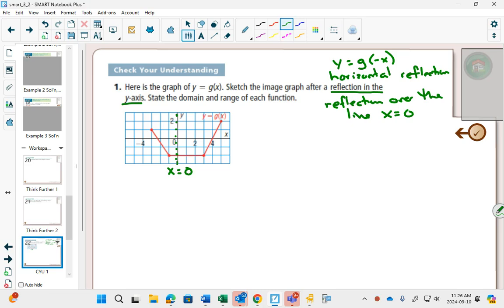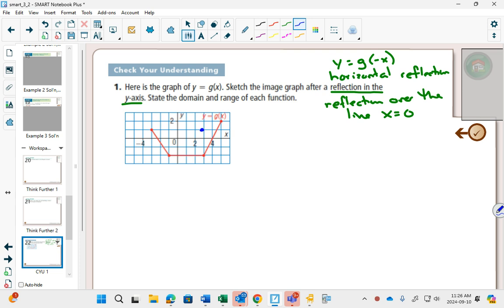So all four of those mean the same thing. We could say horizontal reflection. We could say reflection over the line x equals 0. We could give just the function notation for this. And now we're going to draw our graph. So if I reflect over the y-axis, this one's 3 units away from the y-axis, so flipped over it'd be 3 units that way.